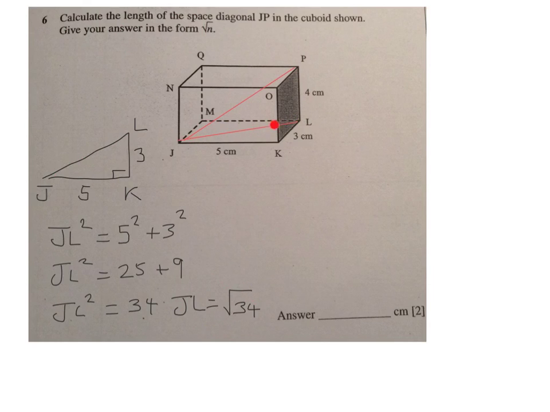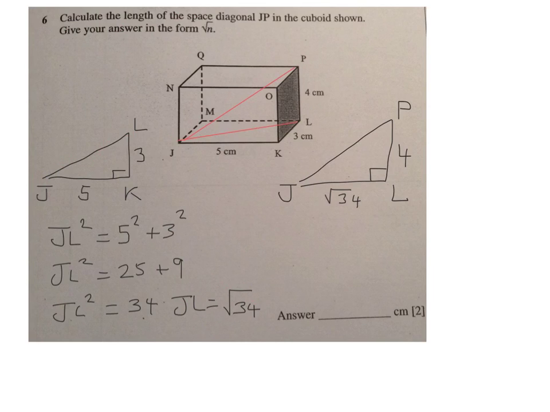So now we're going to try and use this little triangle to find the length JP, and we will do that by drawing a little sketch of a right angle triangle, JLP, where that's J, this corner is L, and the other vertex P. And you can see then that that length PL is 4, and the other length JL we've just worked out in the previous part, and it's our root 34. And we want to find the length JP.